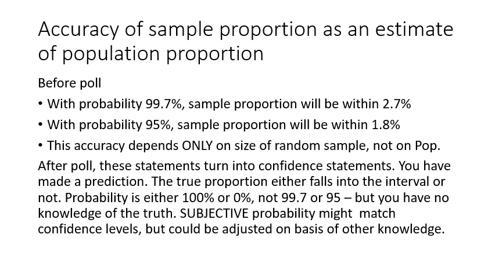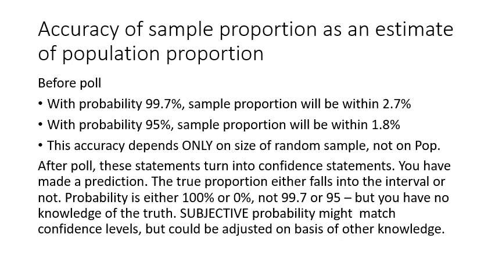This is true before the poll. Similarly, if I want to have more accuracy, I can look at 2 standard deviations. That's about 1.8%, and that will be the accuracy of my sample with 95% probability. These 2 statements are true before the poll.